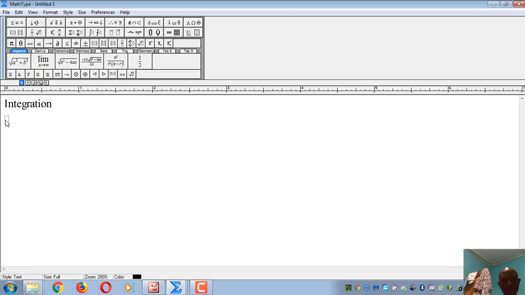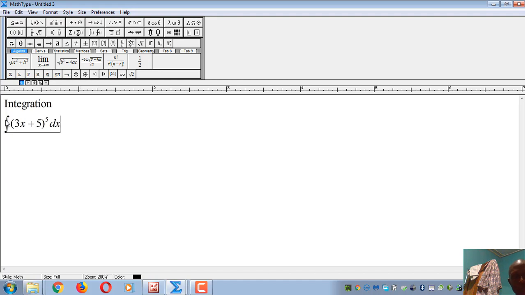Now we are going a step further today, and in this video we want to see how to integrate a power function in integration. Imagine we are given something like (3x + 5) raised to the power of 5 dx. This is not quite easy to integrate.